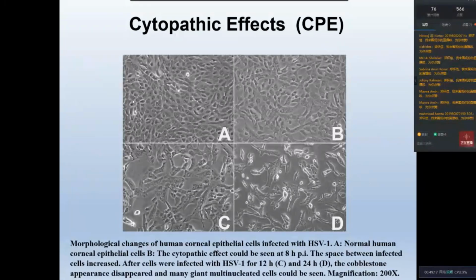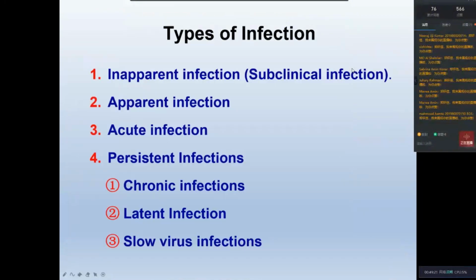That's the latent infection. Or slow virus infection. Slow virus infection means that the virus will increase slowly in our body. And for a long time, it doesn't cause disease, doesn't cause any symptoms. But at some point, when the viral load is high enough, it can cause disease.